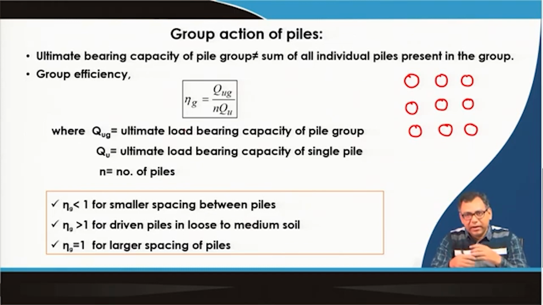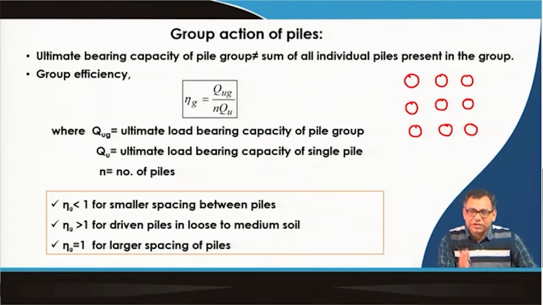So, then our group load carrying capacity will reduce. In that case the efficiency of the pile will be less than 1. So, if the spacing is large, efficiency will be 1, because that time the failure will be due to the failure of the single pile, and if the spacing is less, then there will be a group interaction and the efficiency will be less than 1.